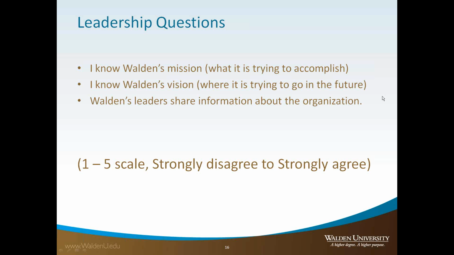So at this point, we would like you to sort of think about your experience at Walden and how would you rate these leadership questions? Would you strongly agree that there's good, solid communication on vision, mission, values, directions, or would you disagree and say that that information is less hard to come by? Next slide.